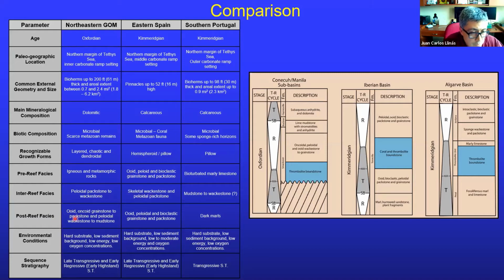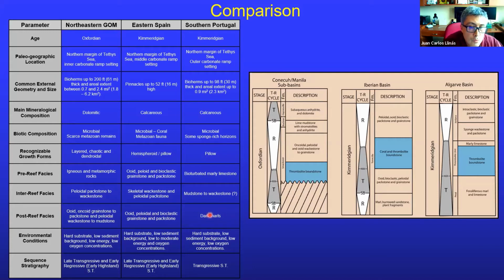The post-reef facies, in the case of Spain and the Gulf of Mexico, are coated grainstones and oncoidal grainstones. They are showing an increase in water energy, and probably making part of the highstand systems tract, the next regressive phase.